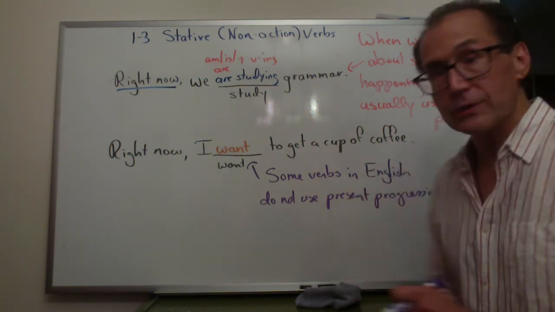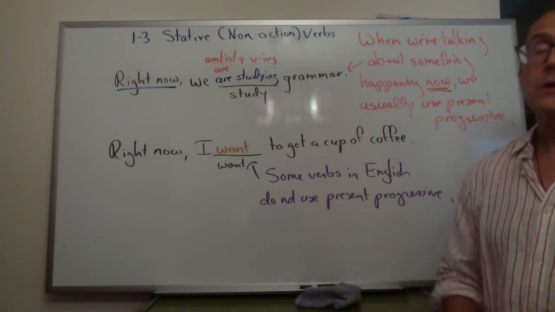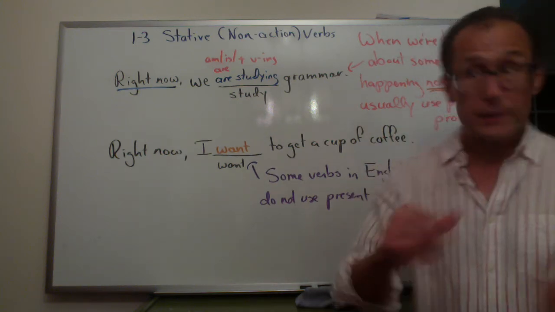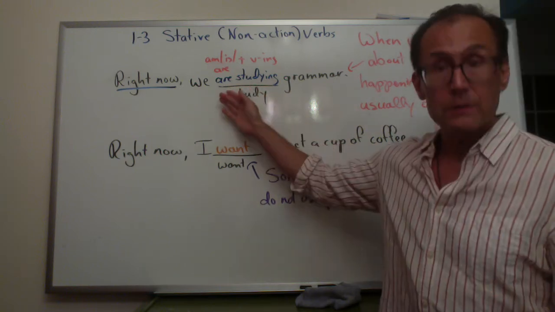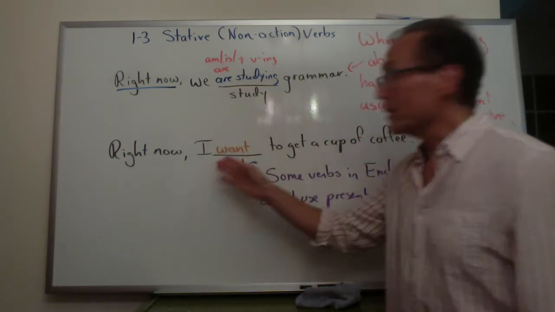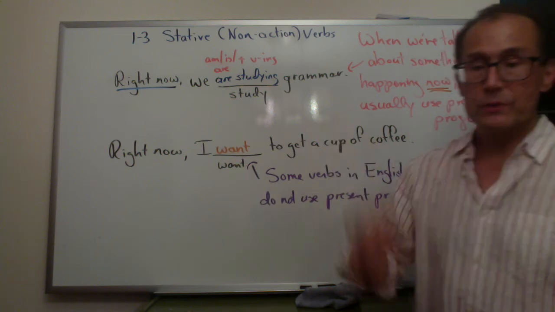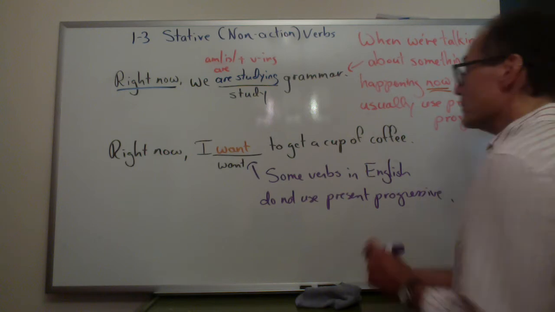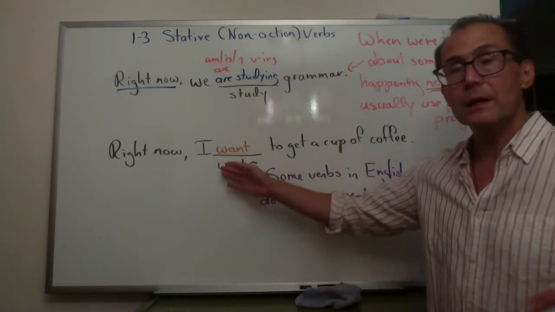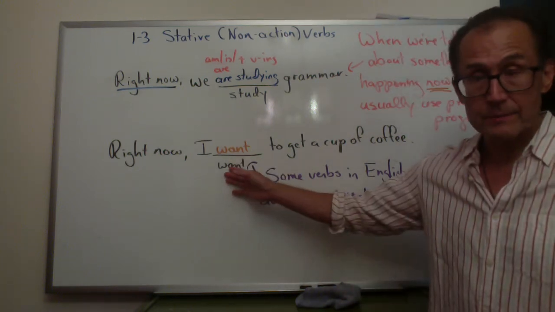Some verbs in English do not use present progressive. So usually, when I'm talking about right now, I will use present progressive. But for some verbs, I won't use present progressive. So if I'm talking about present, I'll just use simple present.